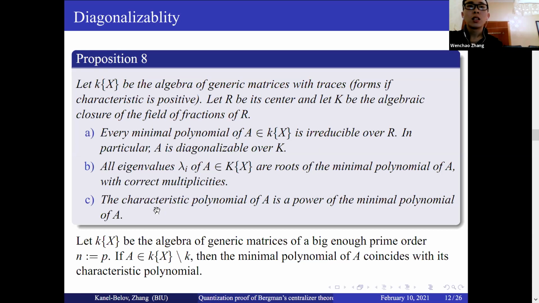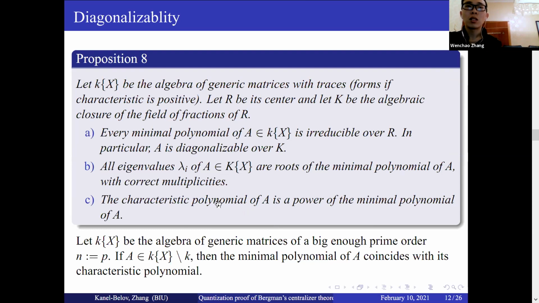So this means that the characteristic polynomial of A is just a power of the minimal polynomial. And if we choose a big enough P instead of the n times n matrices, then the minimal polynomial will coincide with the characteristic polynomial.